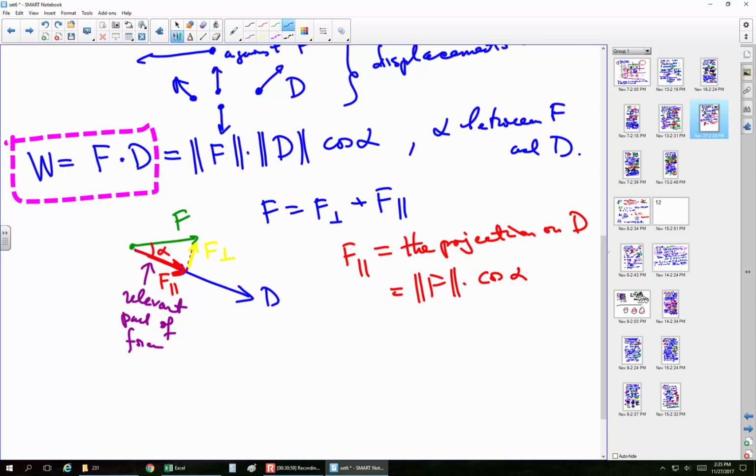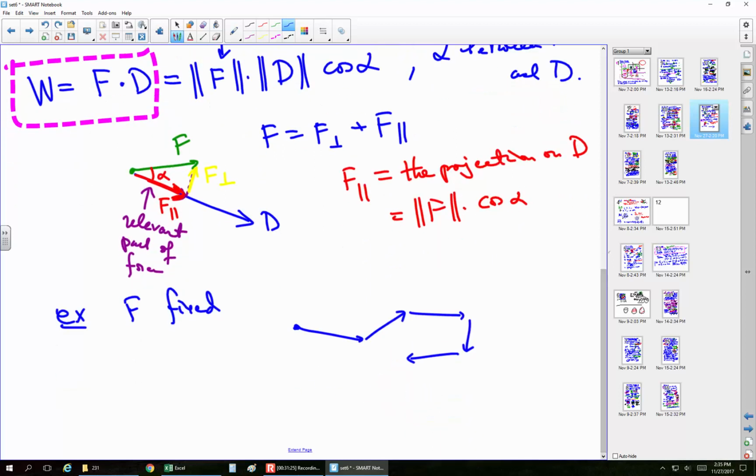For example, that picture is quite clear. But what if I travel so that F is still fixed, the force is still one vector, but my travel varies like this? Suppose my path is made of straight edge segments. You can think of it as a sequence of points in, say, R2.